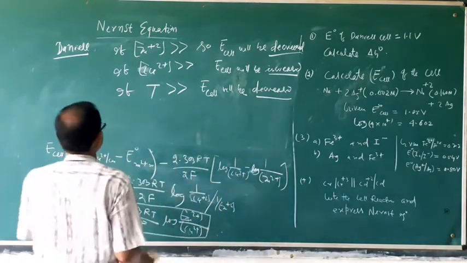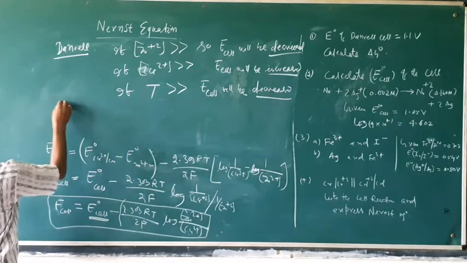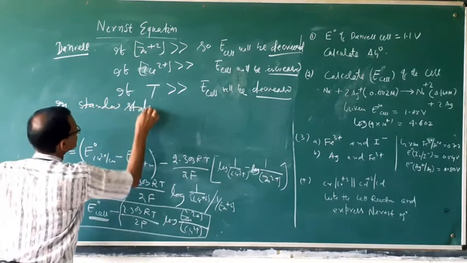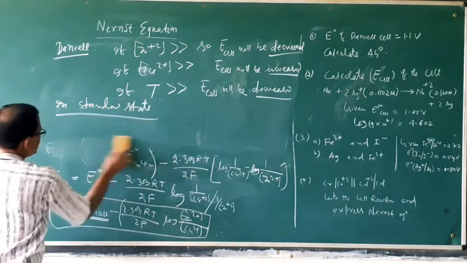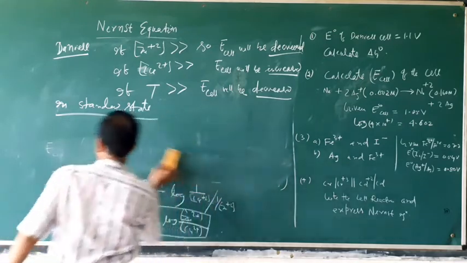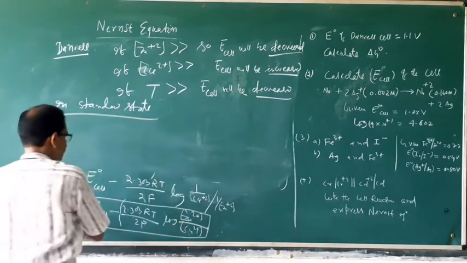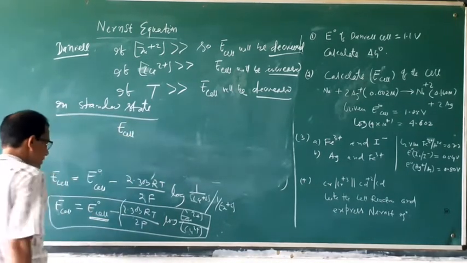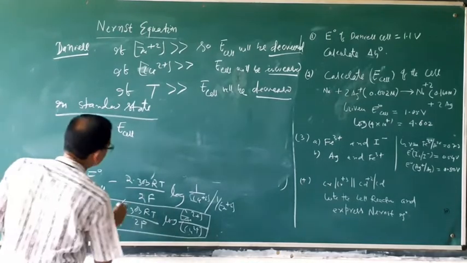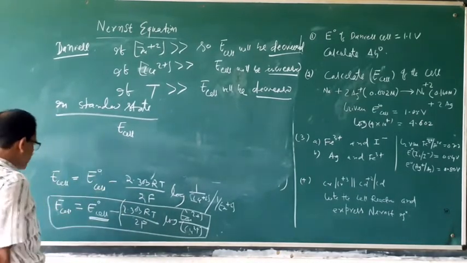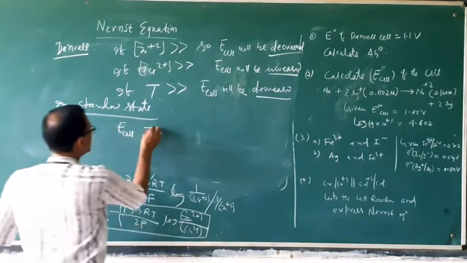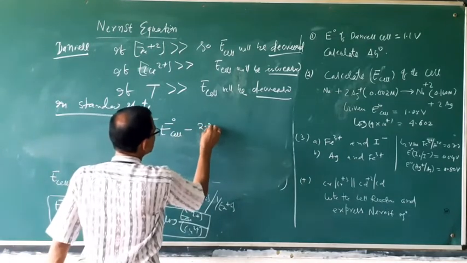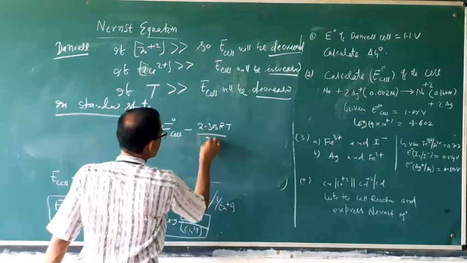So what is the standard state? In standard state, this equation can be written as, for any reaction, in place of 2, E cell will be E naught cell minus 2.303 RT by nF.